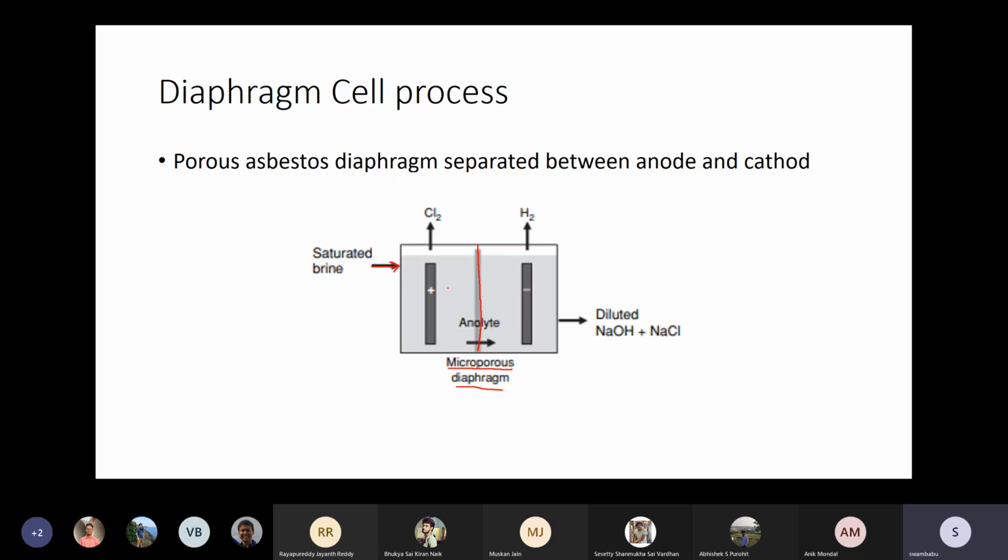Here the Na+ ions and Cl- ions are present. On the cathode side, we just feed water, so we are not combining electrolyte with water here.